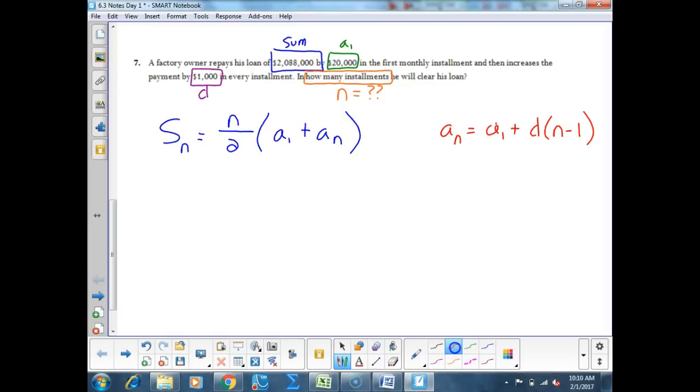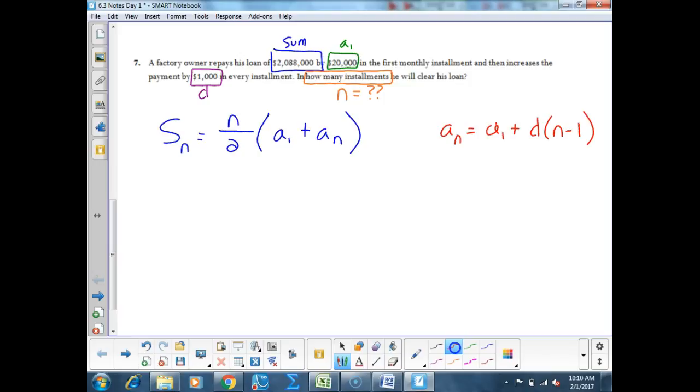Can I use the red formula to find the last term? Yes? No? We don't know what n is, so we can't, can we? Can't do it, because we don't have n. That's what we're looking for. If we had n, we could do it. Boom, bing, done. Easy peasy lemon squeezy. But we don't have n.